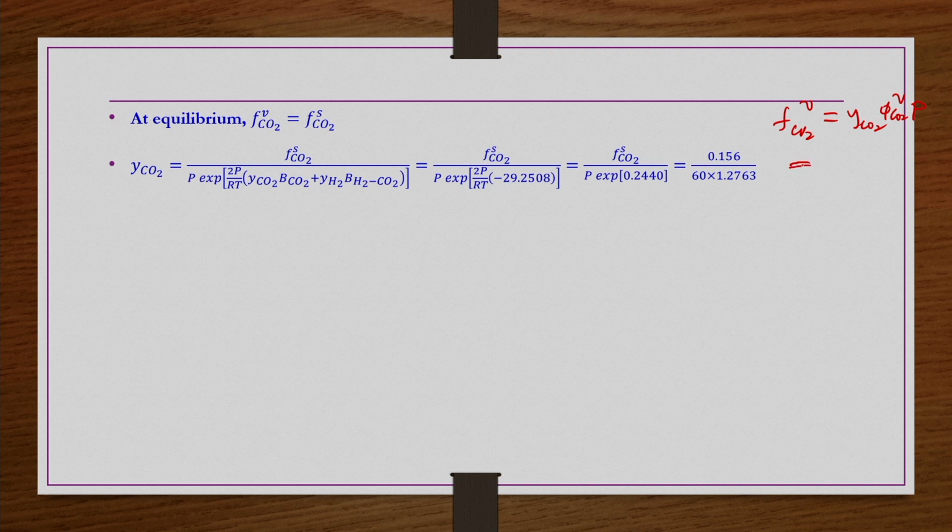So, from here we can find YCO2 equals FCO2 S divided by phi CO2 V P. And phi CO2 V is nothing but exponential of 2P by RT times YCO2 BCO2 plus YH2 BH2 CO2. This is what we got, right.